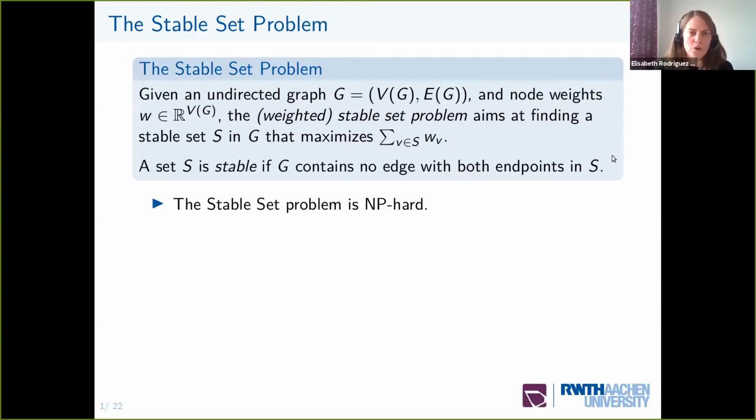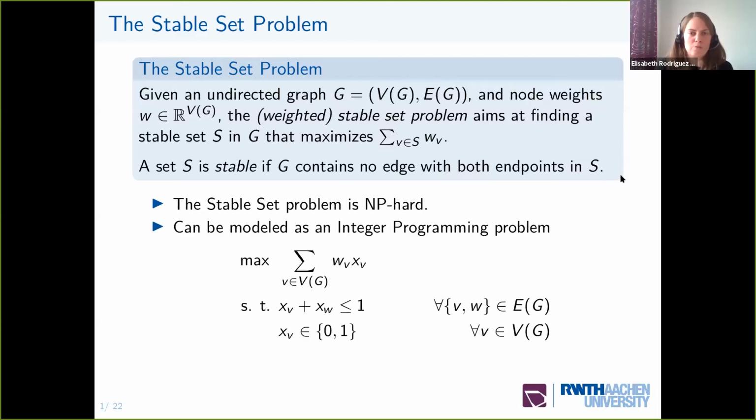Now, it is well known that this problem is NP-hard, and as was also mentioned in the previous talk, we can model this problem as an integer programming problem, for example, using this model here, where we introduce a variable x_v, a binary variable for every node. So we are in the node space. This variable takes value 1 if and only if node v is selected to be part of the stable set.